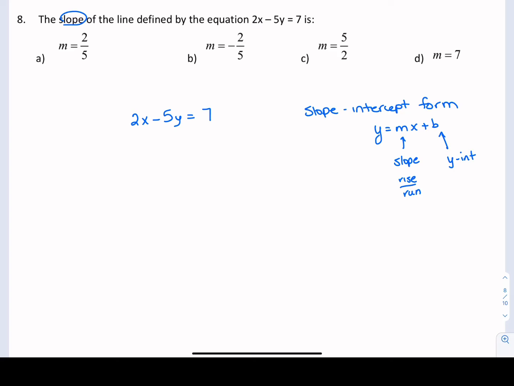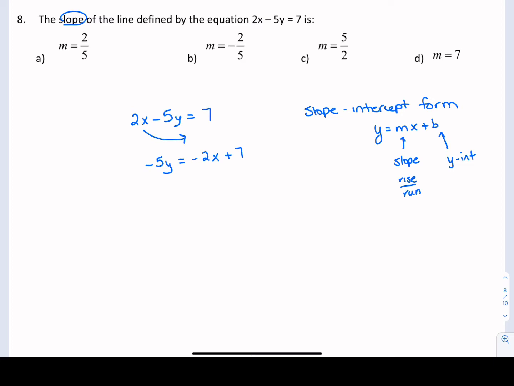So the first thing I want to do is push that 2x over to the right side. So we'll get -5y. If we move that 2x over, it's positive on the left, so we need to subtract it from both sides to move it. We'll have -2x, and that 7 remains positive, so we'll have +7. Now, true slope-intercept form has y all by itself, so what we need to do is get rid of that coefficient for y.